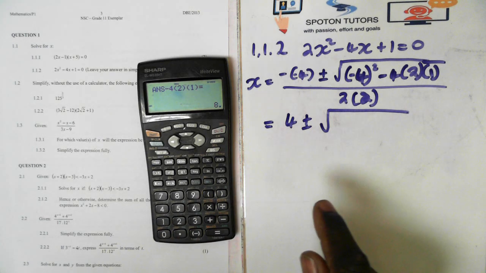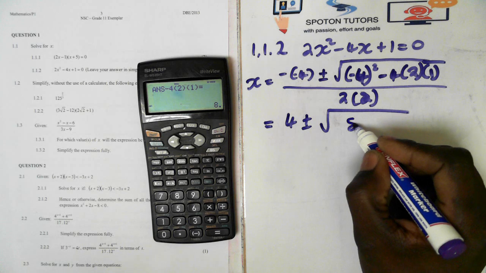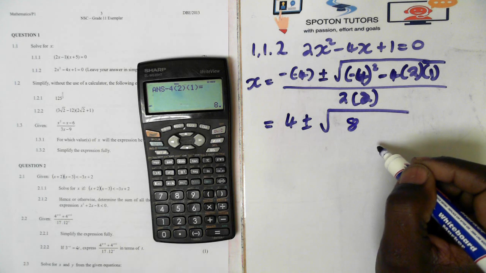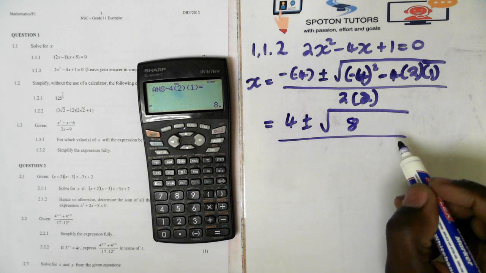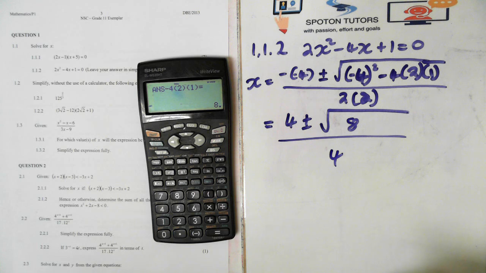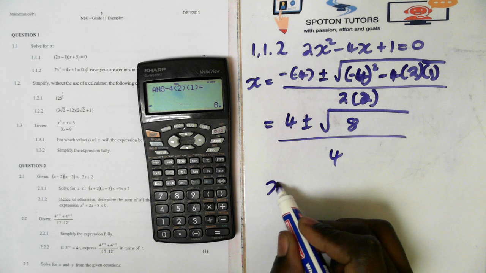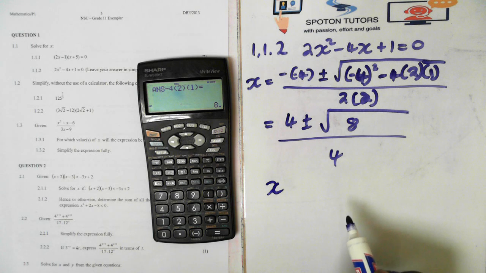This whole thing is equal to 8. So 16 minus 8 is equal to the square root of 8. You get what I'm saying now? Now, once we have that, it's all over 4. 2 times 2 is 4. Then you can therefore solve your question further by knowing that you can simplify 8 because we've got a root sign here, ladies and gentlemen.